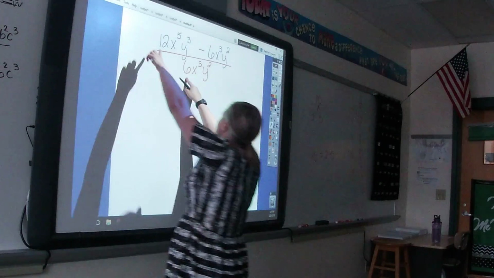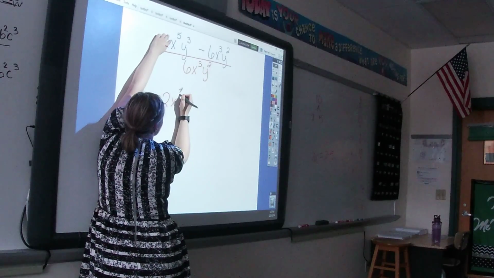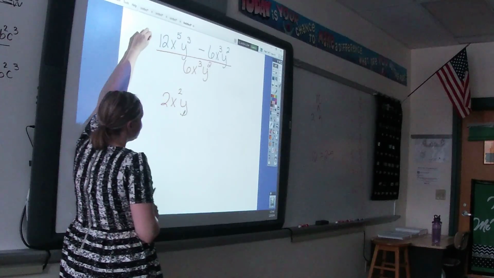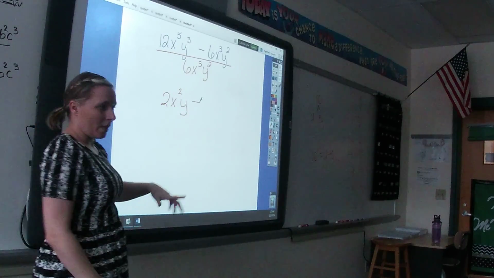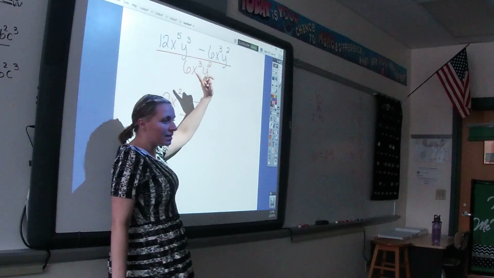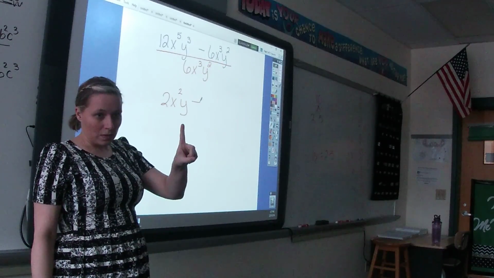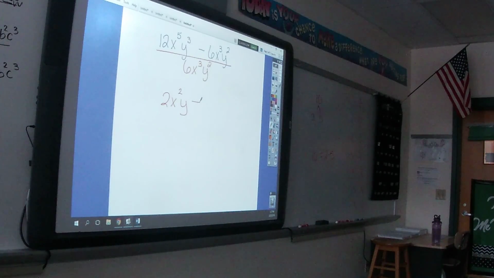12 divided by 6 is 2. We subtract exponents, that's a 2, that's a 1. Here we have to be really careful. 6 divided by 6 is 1. Before, I asked do we have to write that down, and we said no, because we still had variables after it.